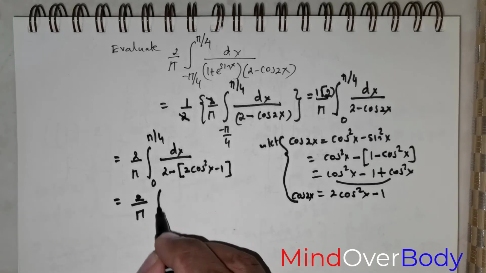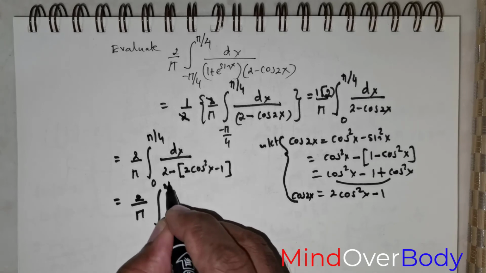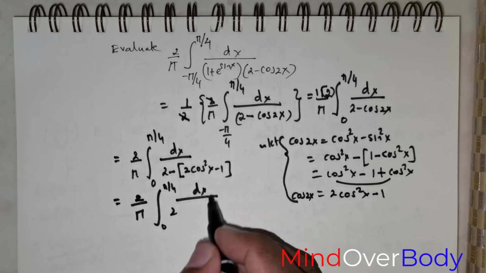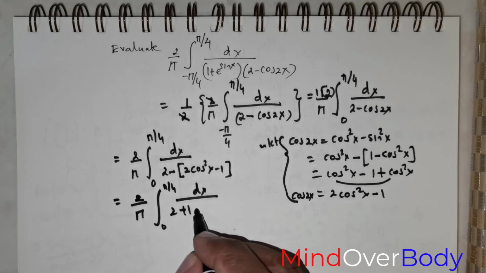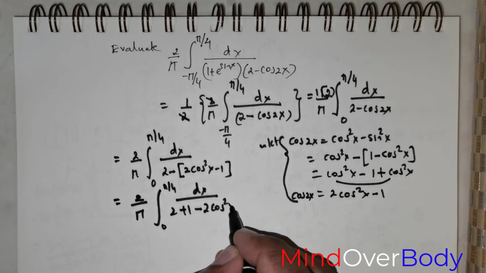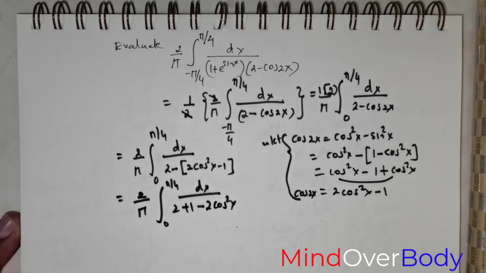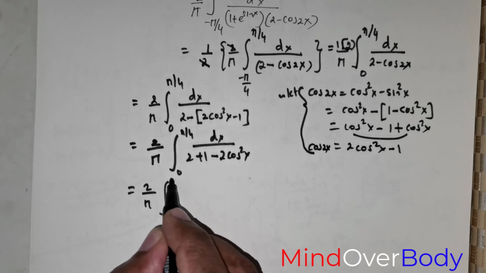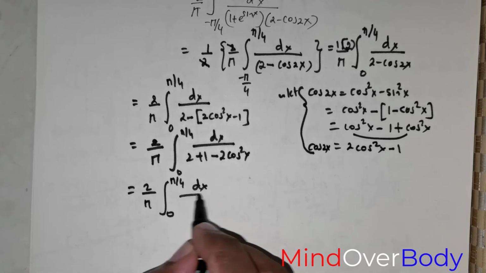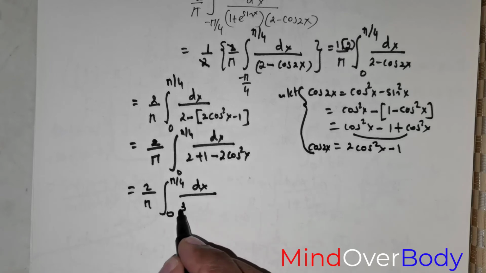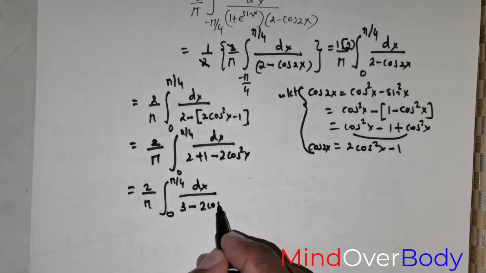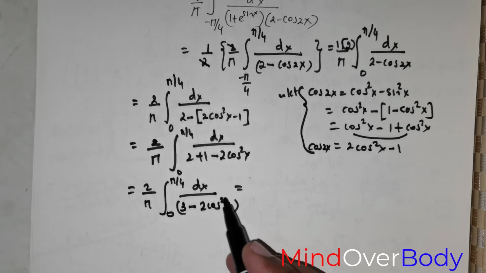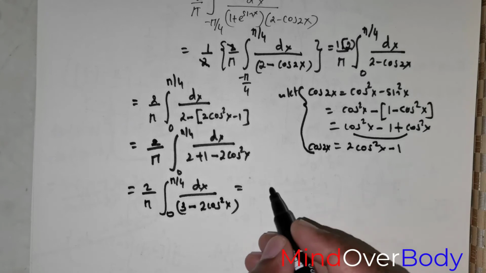So this is 2 over pi integral 0 to pi over 4 dx over 2, minus times minus 1 is positive 1, followed by minus 2 times cos squared x. So this is equal to 2 over pi integral 0 to pi over 4 dx over 2 added with 1 would give us 3, followed by minus 2 times cos squared x. Now what I wish to do here is multiply the numerator and denominator by secant squared x.